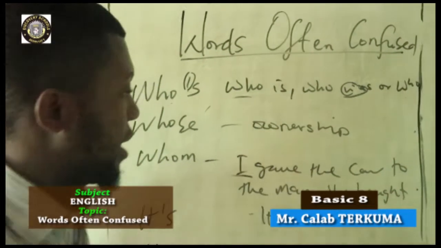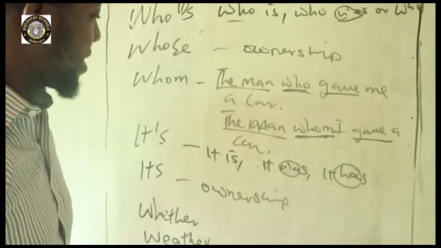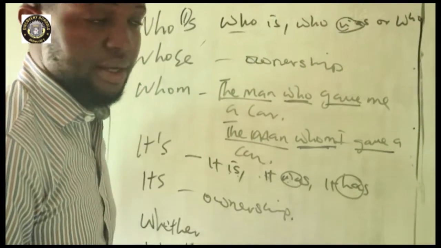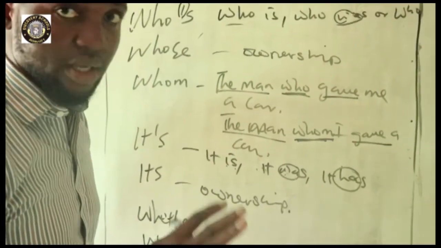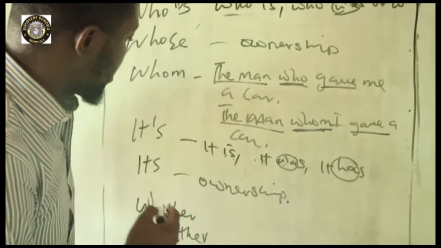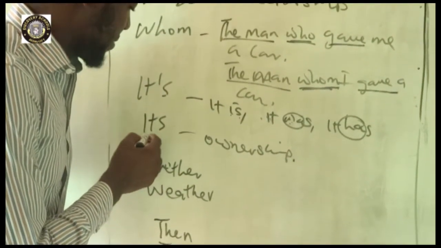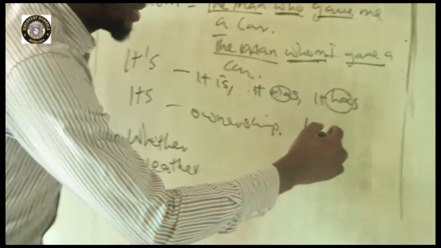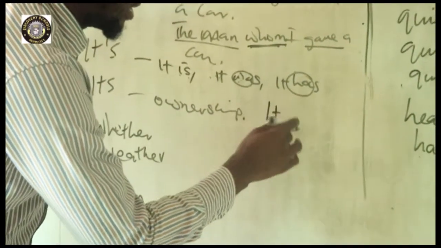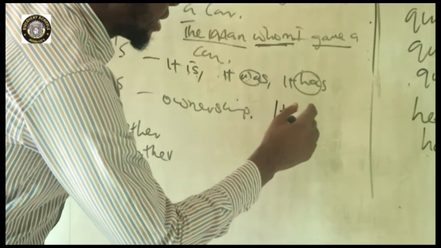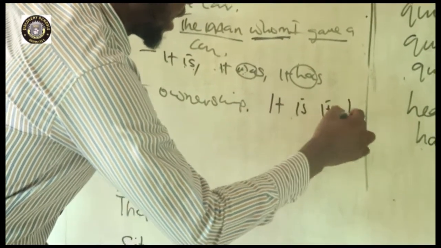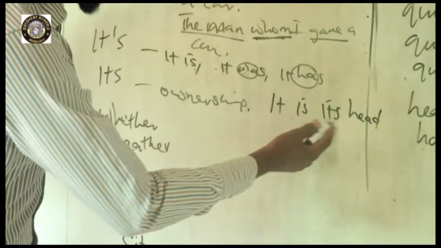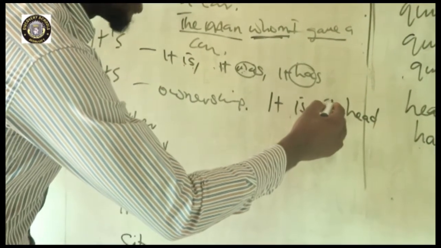Now, but its here, we said indicates what? Ownership. We use it for the third person to indicate what? Ownership. Is that okay? So, when you want to say it is its head, meaning the head belongs to it, you don't put an apostrophe here.